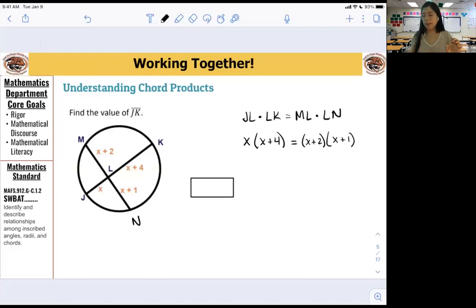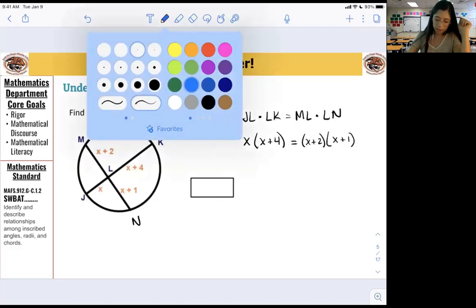We'll have to combine like terms, but I can't really do that yet because I have parentheses. So parentheses are telling me to do something else first. What would that be? Distribute. Okay, good. So on the left side, I can distribute.